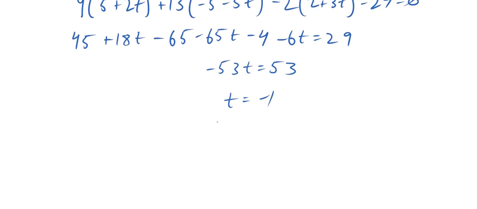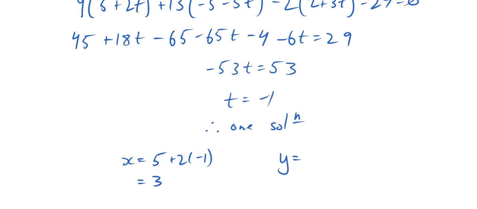So I've got my value of t. I'm going to interpret it, and then I'm going to go find those values. Of course, you could do this however you want, but using parametric form is probably a pretty easy way. We've already got parametric form, so why not? So x is 5 plus 2 times negative 1, which is 3. y equals negative 5 minus 5 times negative 1, so that's 0.